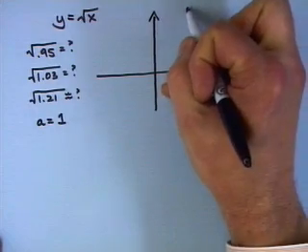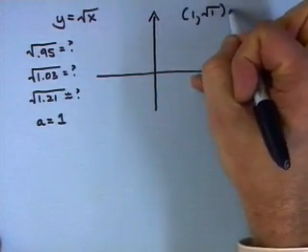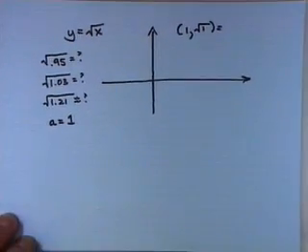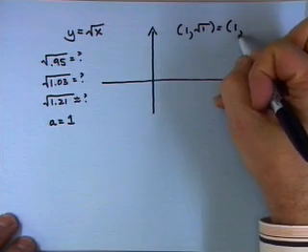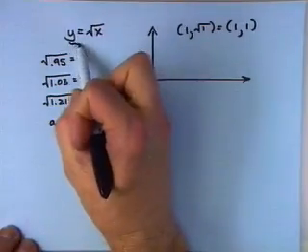Well, at the x value 1, the y value is the square root of 1. And that's the point 1, 1. So 1, 1 is the point of tangency. Is that okay? Because it's on this curve.